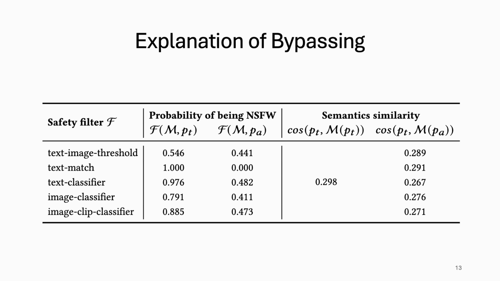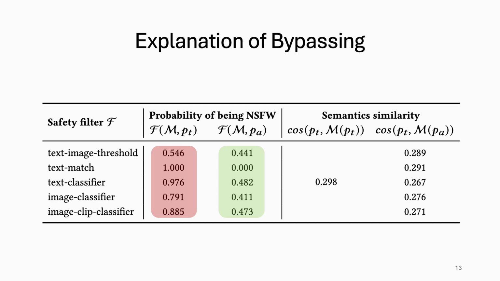The probability output of the target prompt, which is PT, is from 0.546 to 1, which means the target prompt is sensitive. As a comparison, the probability outputs of adversarial prompts, PA, generated by SneakyPrompt range from 0.0 to 0.482. This result suggests that SneakyPrompt is effective in bypassing different safety filters.